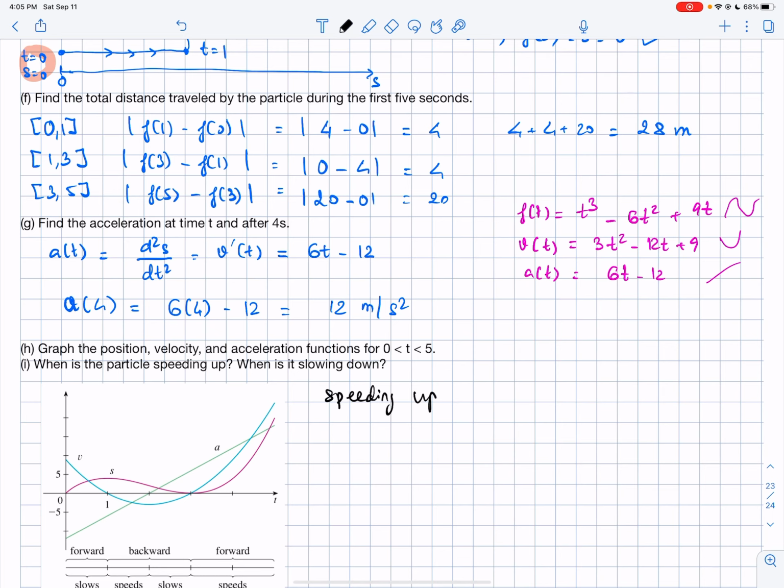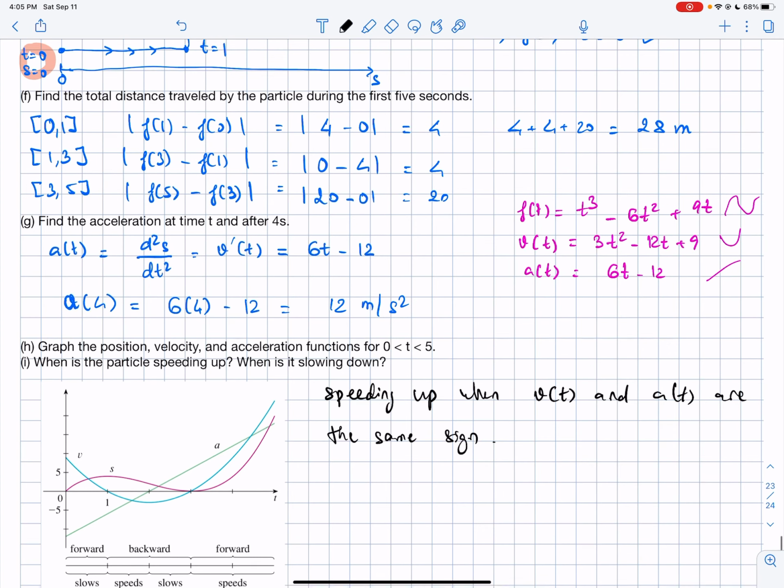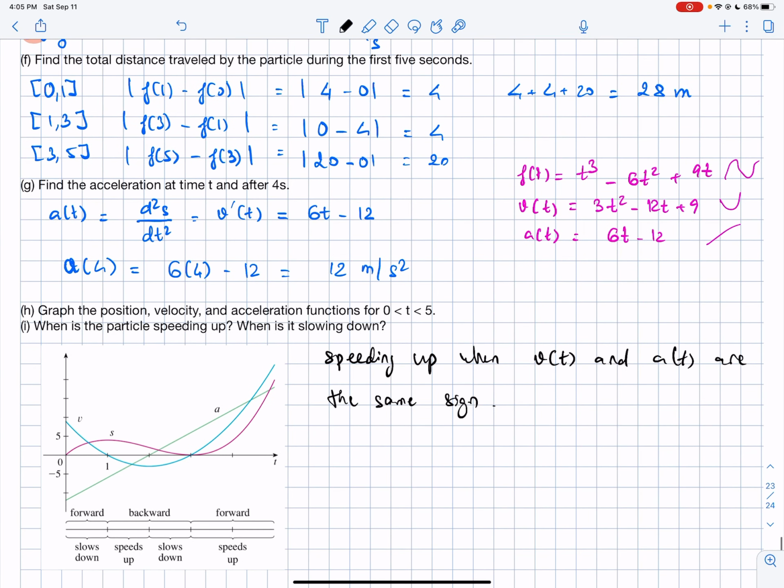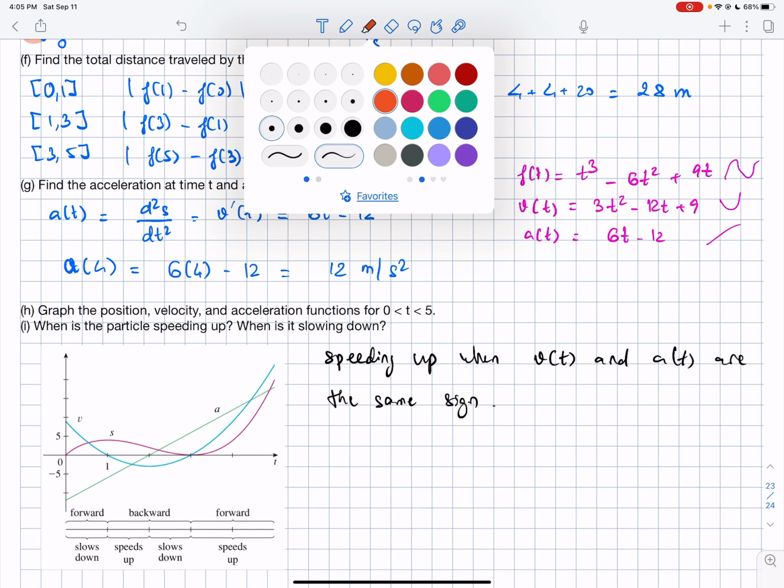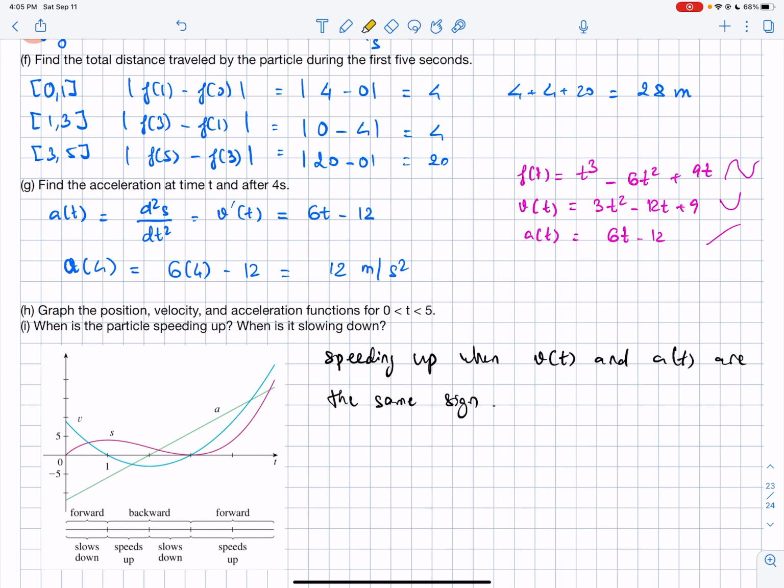so the particle is speeding up when v of t and a of t are on the same side. Same side means they are both positive or they are both negative. Okay, so you look at the graph and you can see that from here, speeding up.